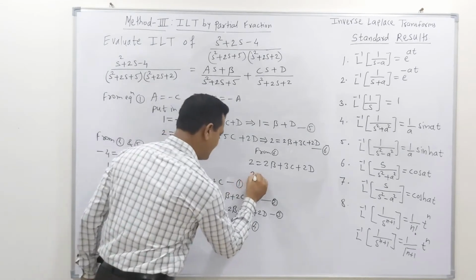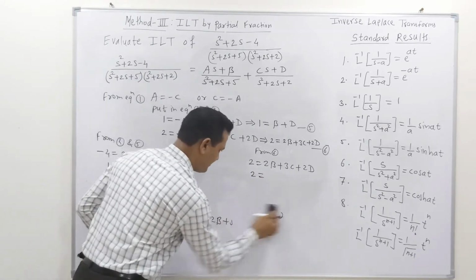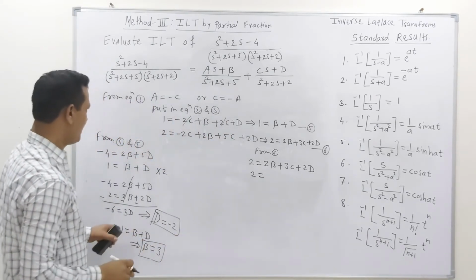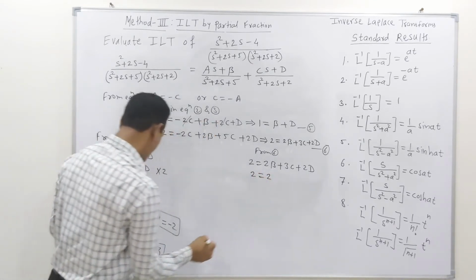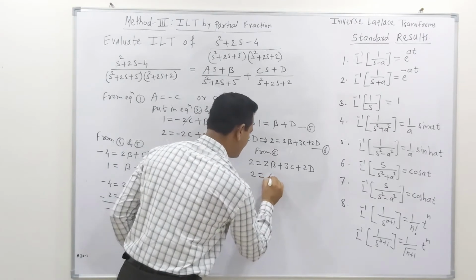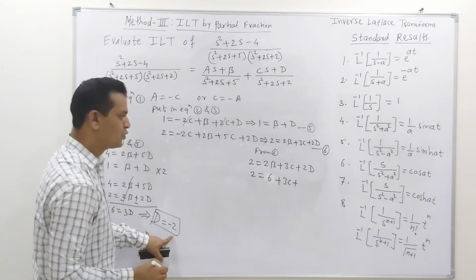So we can write 2 is equal to, I will just clear this term, 2 into b, which is 3, so 6, plus 3c plus 2 into d, which is minus 2, so minus 4.